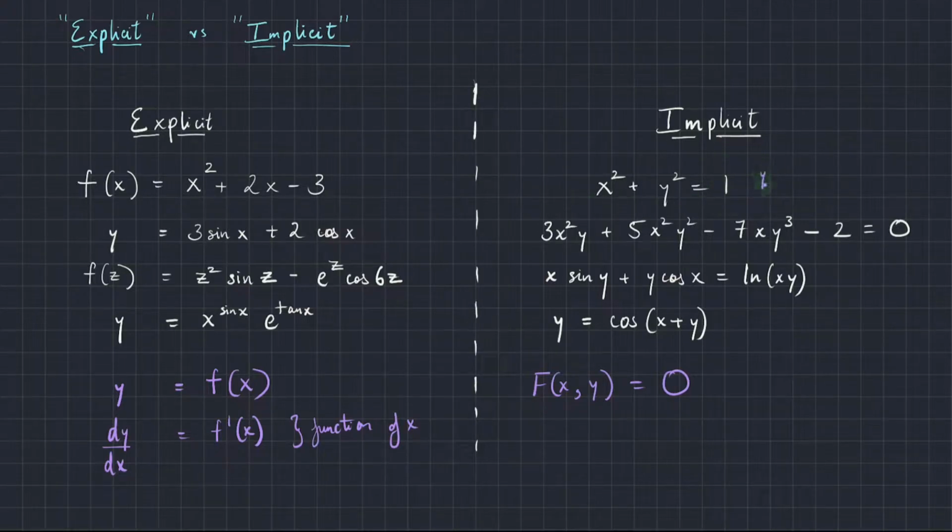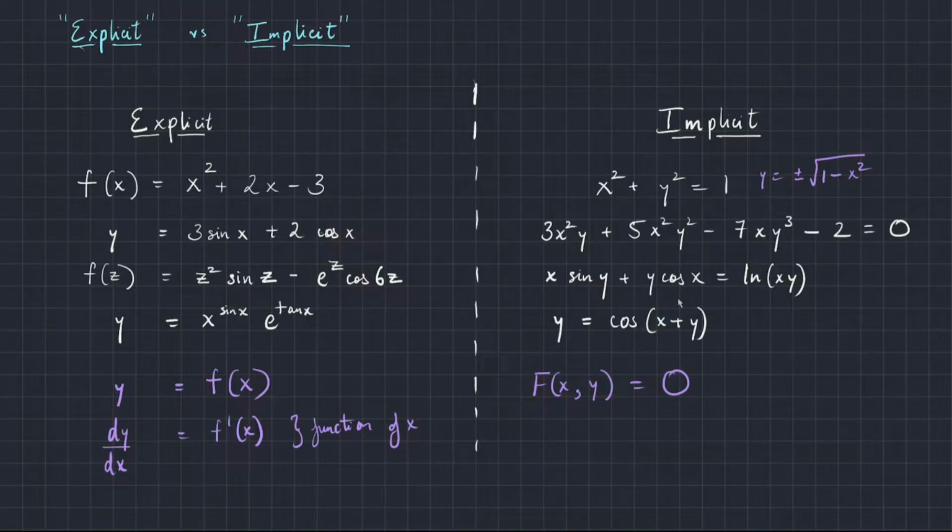You can say y equals, let's say, plus or minus square root of 1 minus x squared. But you can probably tell that in the next example, it's going to get even harder to isolate y. This is a cubic equation in y, and it's practically impossible to say y equals some function of x. Whereas in the next example, it is literally impossible to go y equals some expression in x.